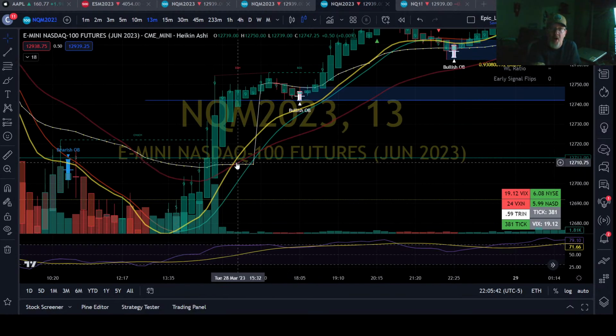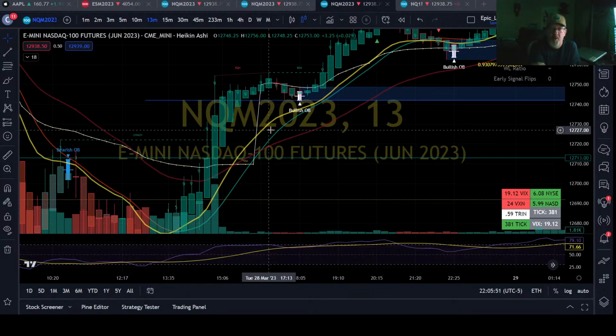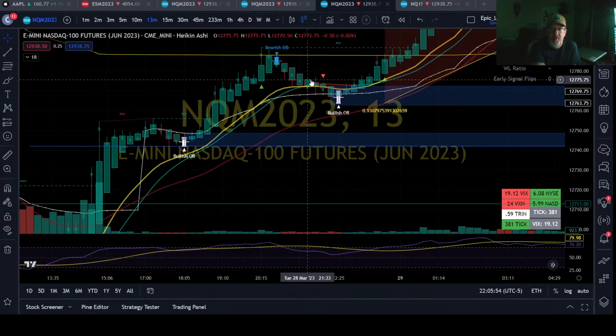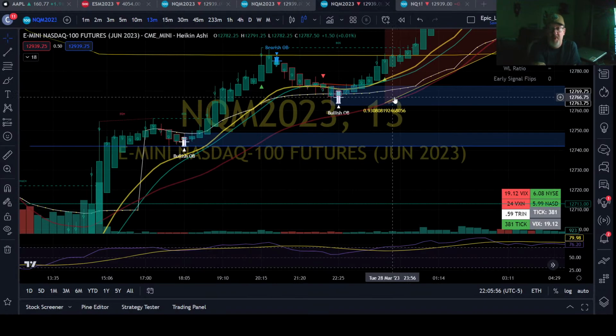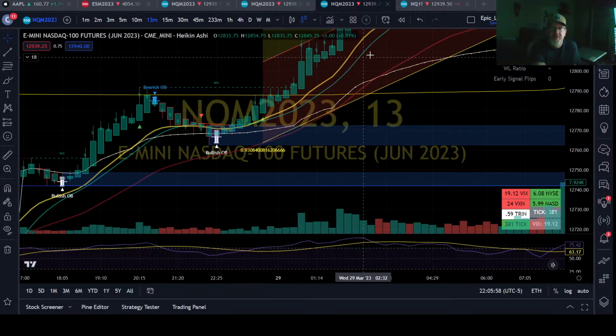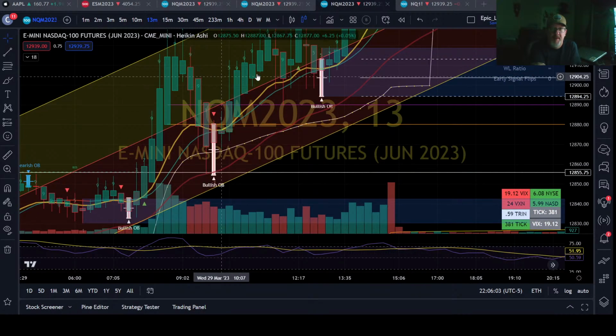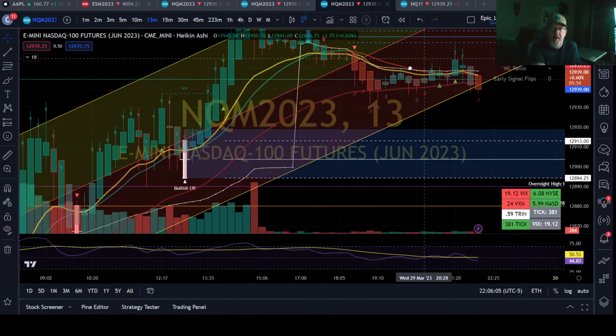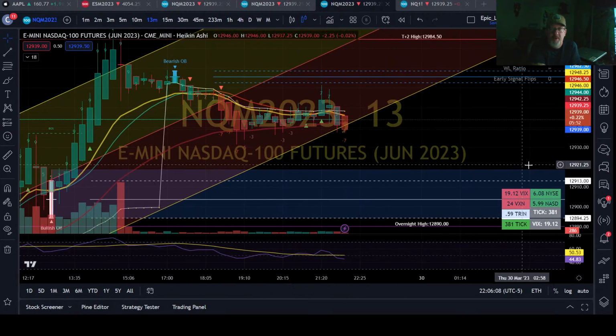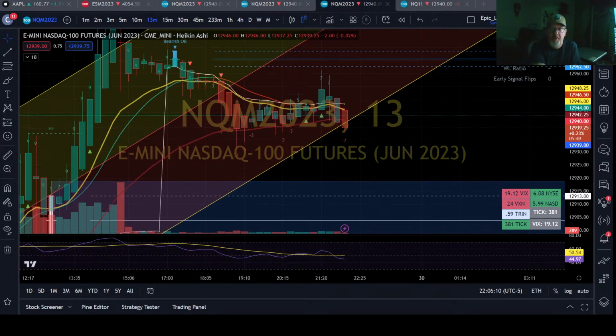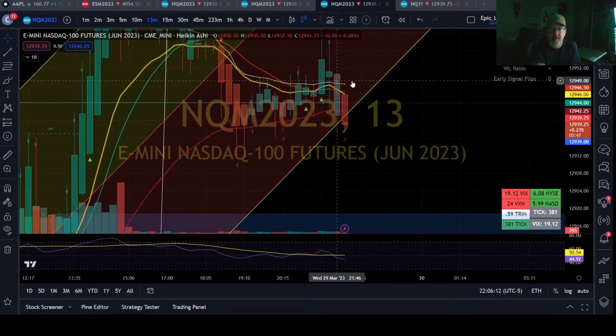If you went long right here at let's just say 710, 715, when it broke above the 34, you literally, if you had the balls, which I would not have, could have stayed in this trade all of that time and rode it all the way up here, because it still has not crossed under the 34 for the time being. You can see right here, it has not crossed yet.